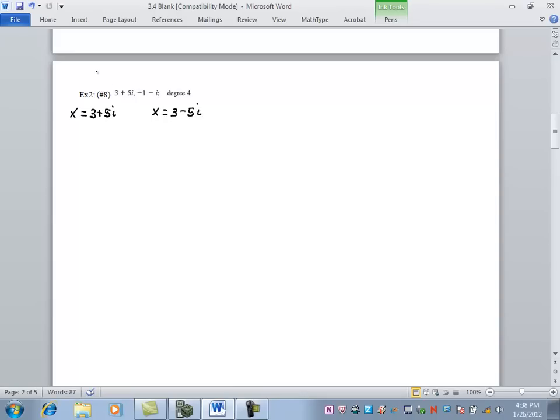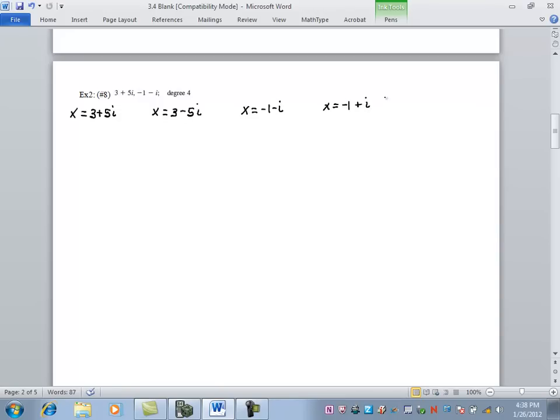Because of what we said earlier, if one imaginary number is a 0, so is its conjugate. And then we are told that -1 minus i is a 0, and we are told that -1 plus i is a 0.